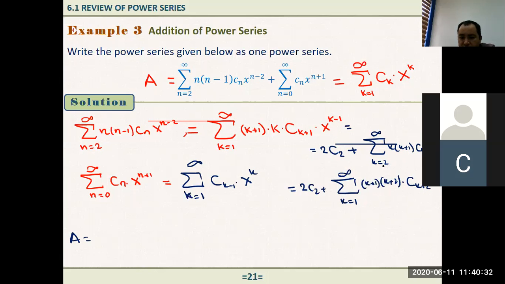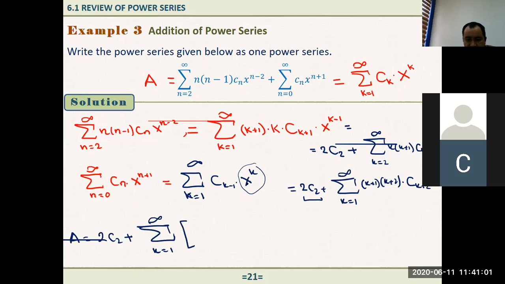Now when it is 1, it should be x, so here we have x to the power k. Here we have x to the power k, and starting with 1. Now if I add this, first I need to write this outside. Here we have 2 c sub 2 plus sigma k equals 1 to positive infinity.